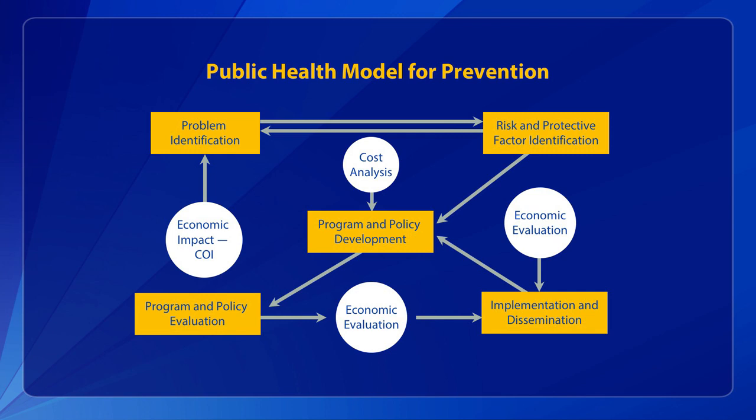We also look at the causes of a disease to determine risk and protective factors. Information about these factors helps refine our surveillance systems and identify high-risk populations and other groups who might benefit from public health interventions.